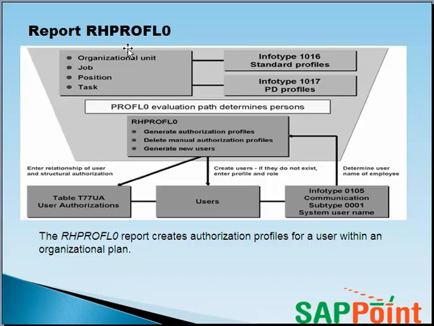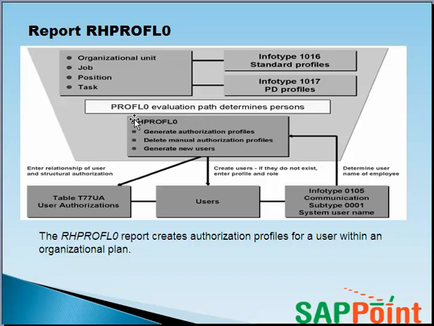Now when you execute this program RHPROFL0, the system searches along the evaluation path PROFL0 for all persons in the structure and saves them temporarily.